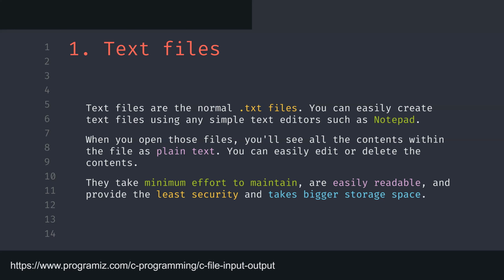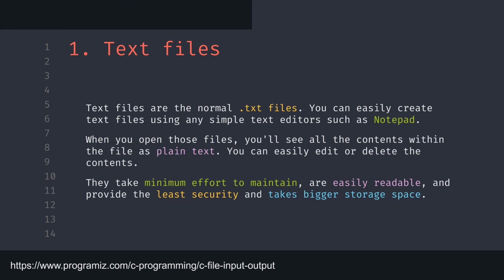And it takes a bigger storage space. What that means is, if the file is in text, you need to store it as a text file. In history, some time before, we used encoding methods to store plain text.